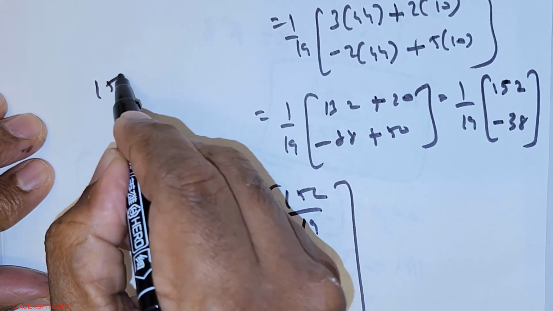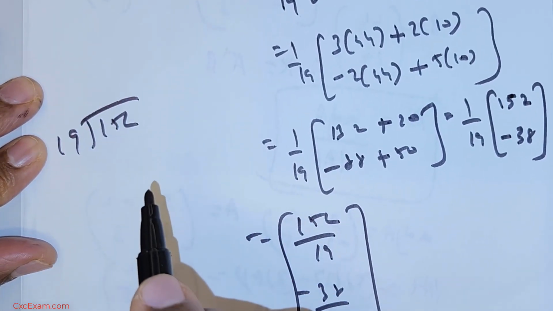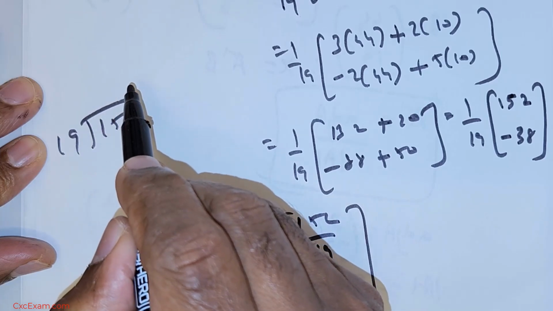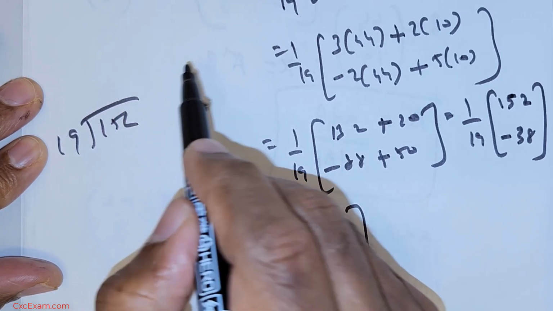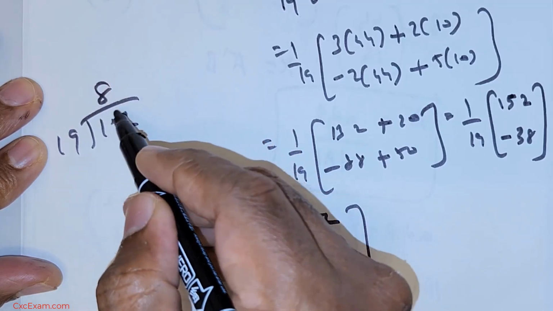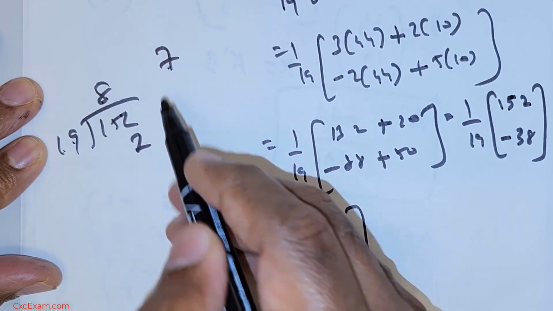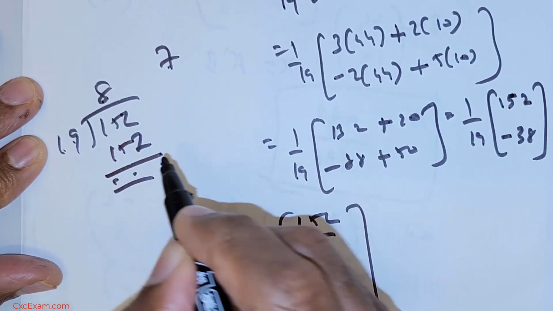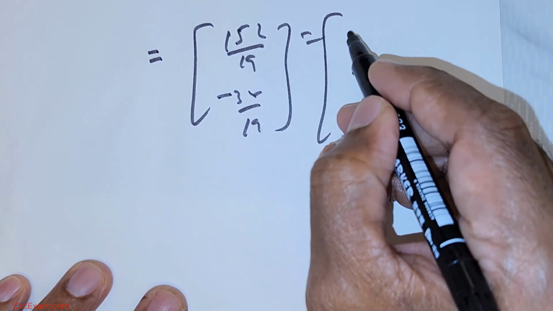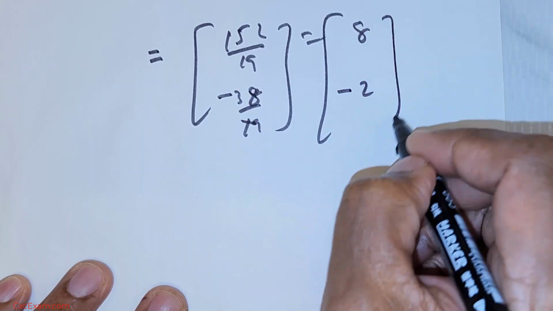Can 152 be divided by 19? That's a question. So 9 2s are 18, 9 3s are 27, 9 4s are 36, 9 8s are 72. So 19 divides 152, 8 times, and 19 divides -38, -2 times.